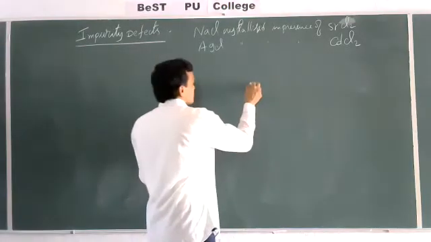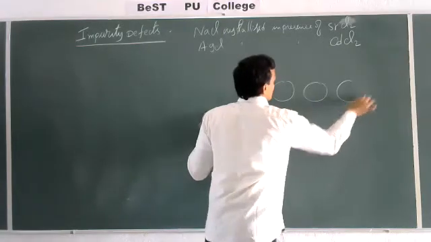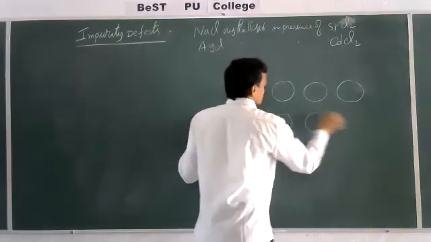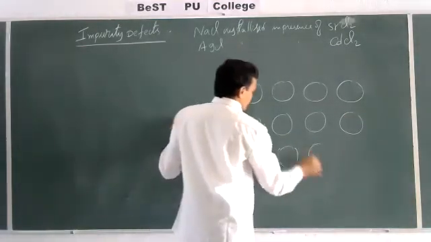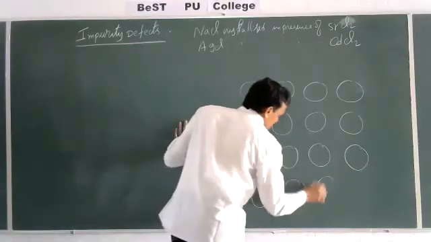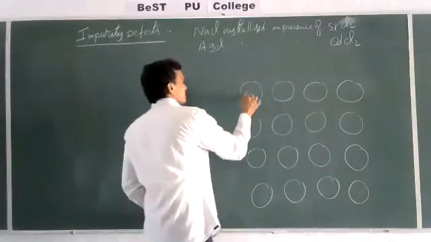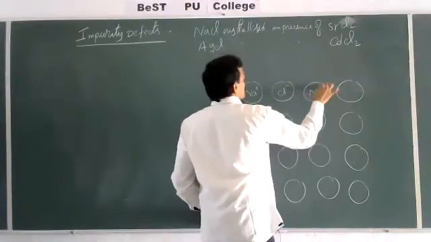Let us say we take a NaCl lattice. Now in the NaCl lattice, Na plus and Cl minus ions are present in alternate positions.